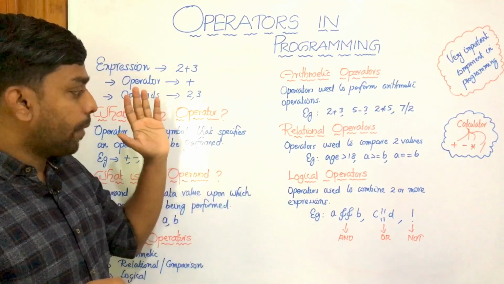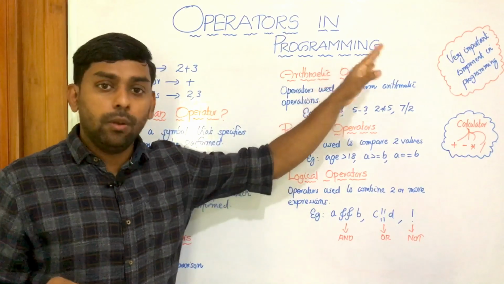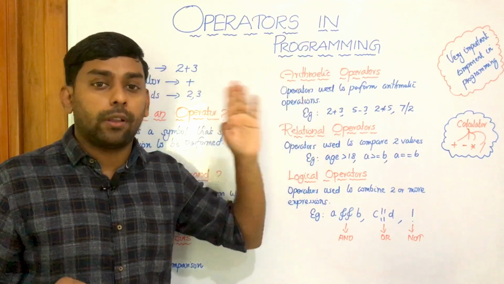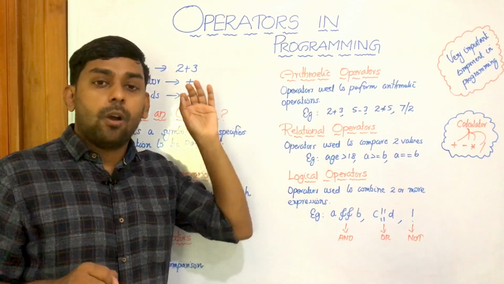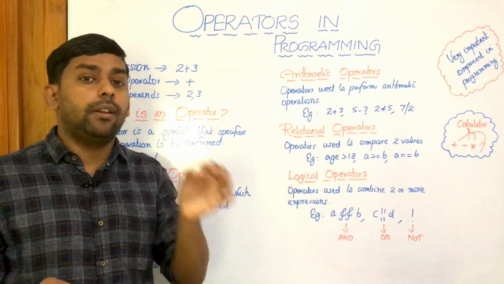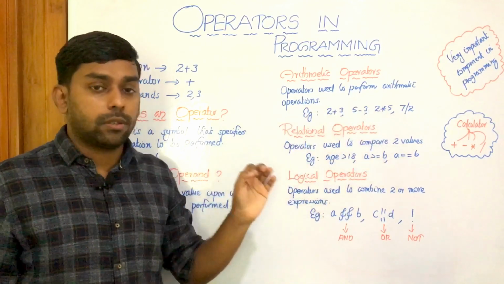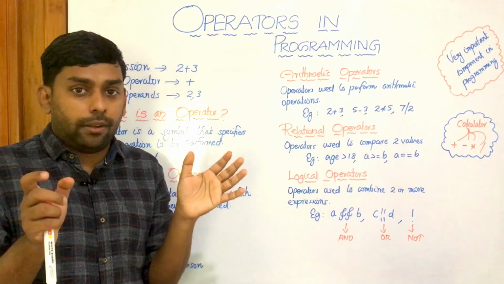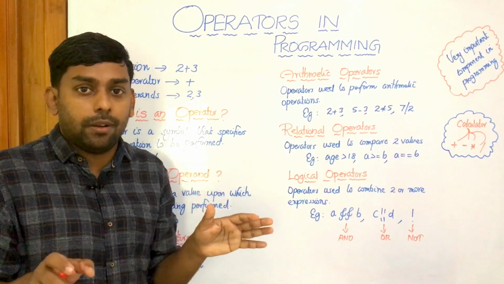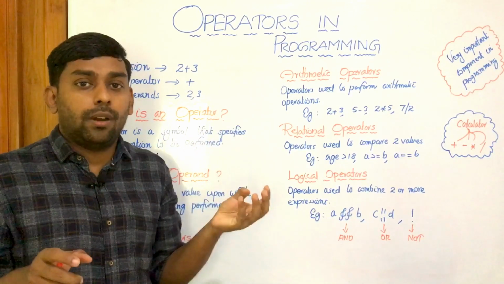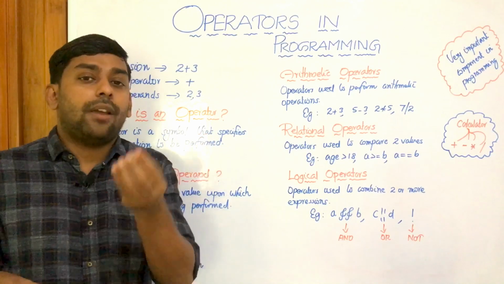So these are the different types of operators, and the concept of operators is very important in any programming language. Suppose we are developing a calculator. It's a very simple example, and we have been discussing the calculator in every class, so you'll have a better understanding.